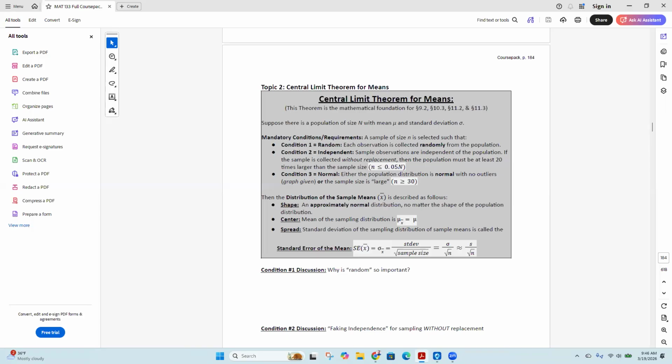Now, in order to make sure that everyone has equal opportunity of getting selected, I need to select people from all across the US, which means that I'm going to have to travel to a bunch of different states, probably every single state, and ask these random people who they're going to vote for. And if it's random, that means everyone has equal opportunity to get selected.